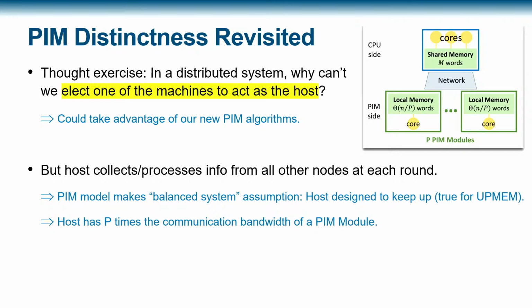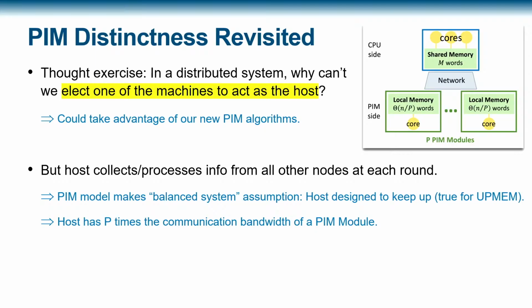And this makes sense, the first thing about the asymmetric bandwidth, because it was true in the non-PIM world, right? If you think about your normal processor, it's got as much memory bandwidth out of the host, out of the multi-core, as all the other guys can receive.